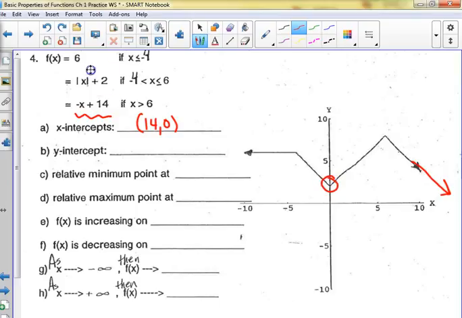It's when x equals 0, which would fall in here. If I put a 0 in there, I'd get 2, because it'd be absolute value plus 2. Okay, that is a relative minimum then at 0, 2, and a relative maximum looks like 6 something. If I put 6 in, I get 8. Yeah. Okay, so this is 0, 2, and this is 6, 8.